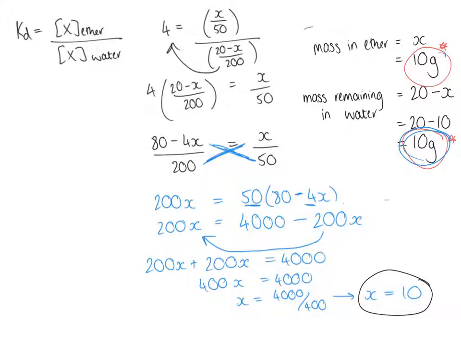Some of it will move into the organic solvent, and that's what's happened here. I'll then separate these two layers in a separating funnel. So I'll put this 10 grams that's in the ether off to the side somewhere. And then I'm taking this layer, my aqueous layer containing a further 10 grams of X, and I'm going to wash it again with a further 50 centimetres cubed of organic solvent.